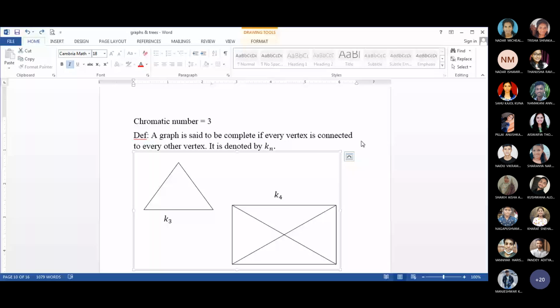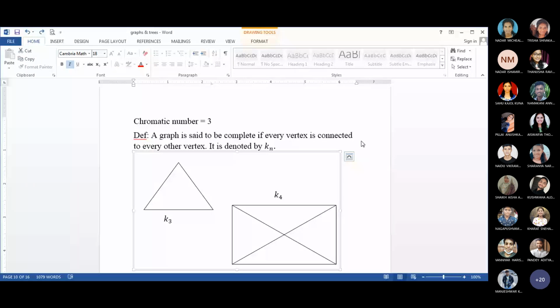A complete graph is denoted by Kn. We have examples of K3 and K4. K3 is basically a triangle, a complete graph on 3 vertices. K4 is basically, you can say, a rectangle with 2 diagonals.